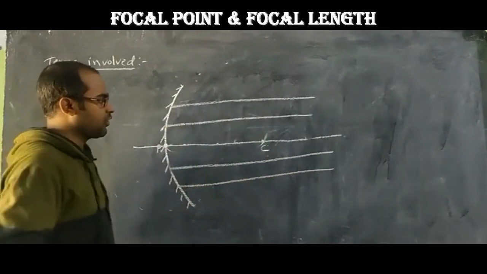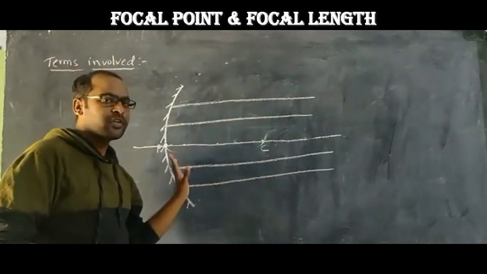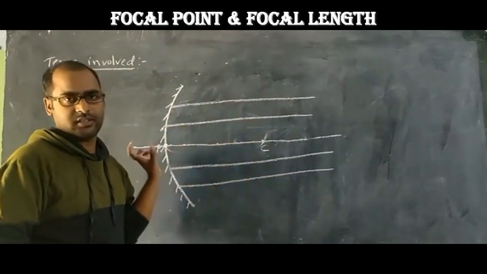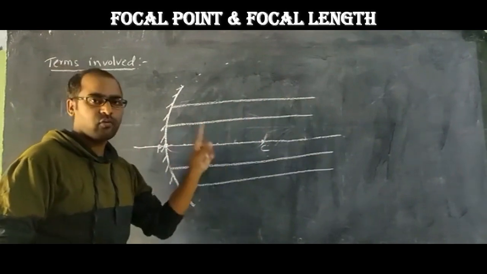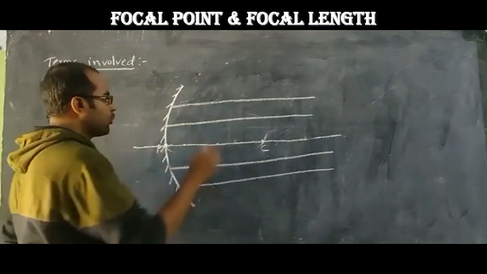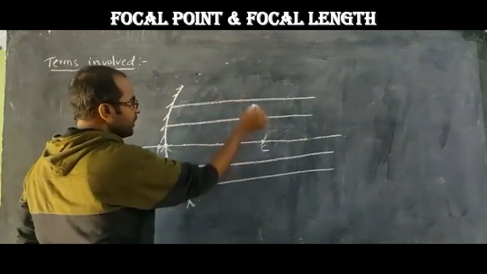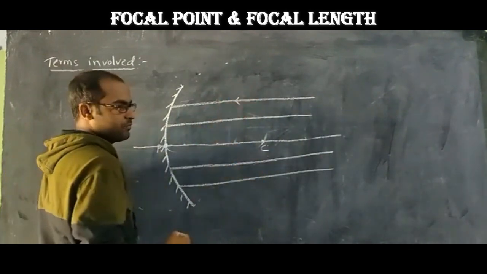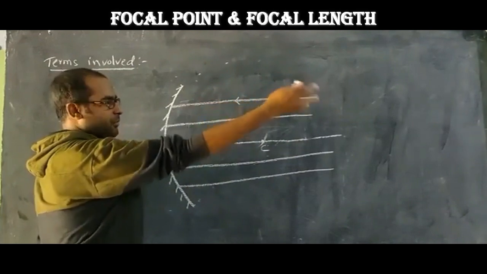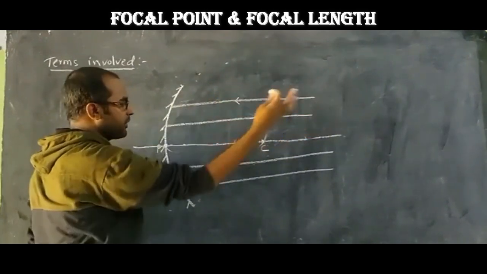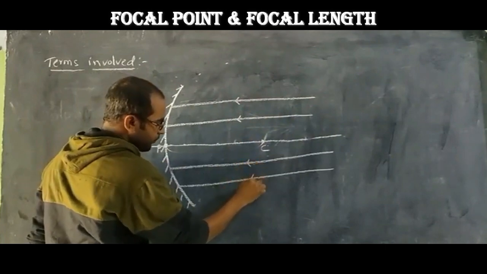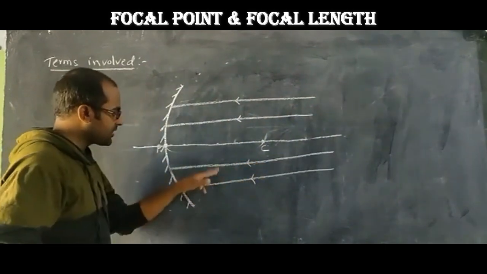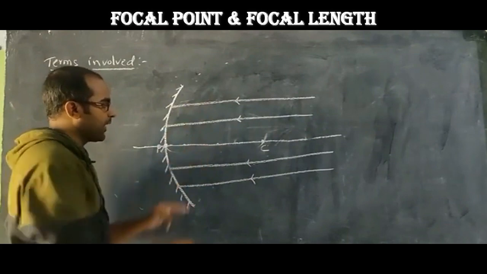When the object is far away from the mirror, definitely it gives parallel rays, and the image will be formed at the focus itself. So whenever all the rays are from a distant object, meaning the object is at infinity, far away from the mirror, it gives all parallel rays. Parallel rays means all these rays are parallel to the principal axis.